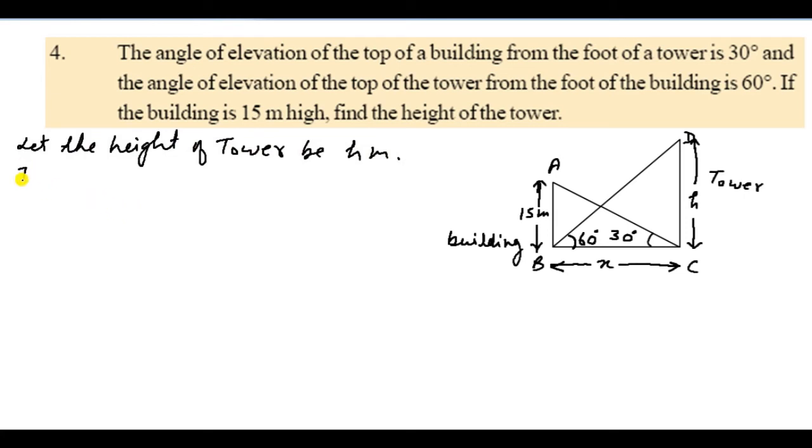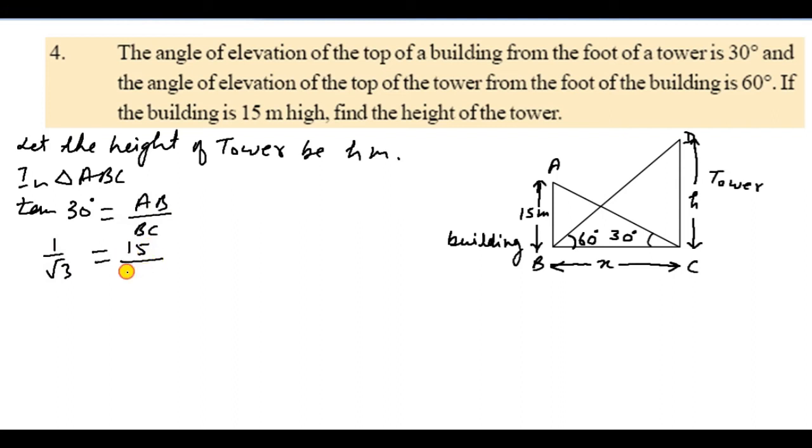Now in triangle ABC, we can take tan 30. So tan 30 degree is equal to AB upon BC. The value of tan 30 is 1 upon root 3. AB is 15 and BC is X. So we get X is equal to 15 root 3.